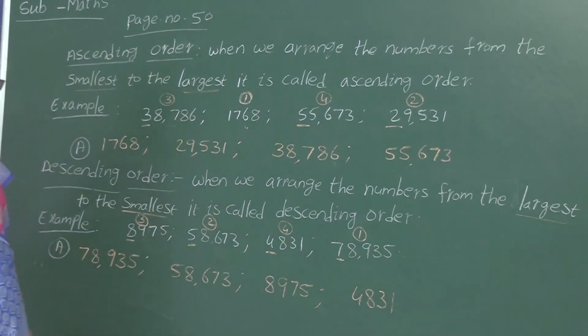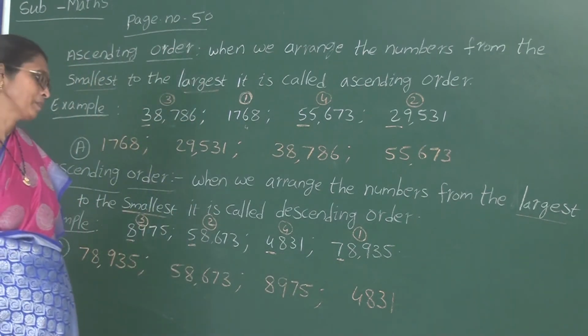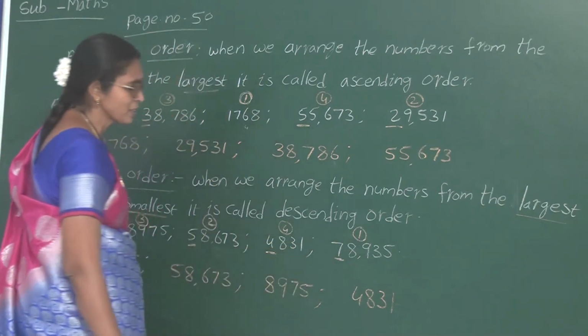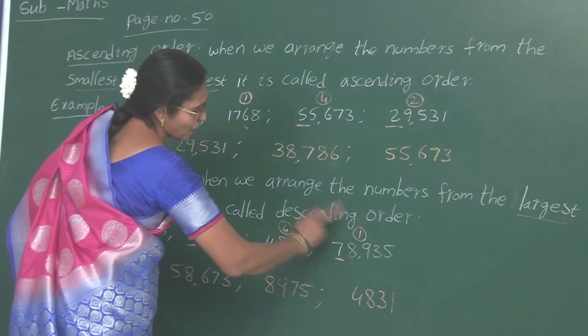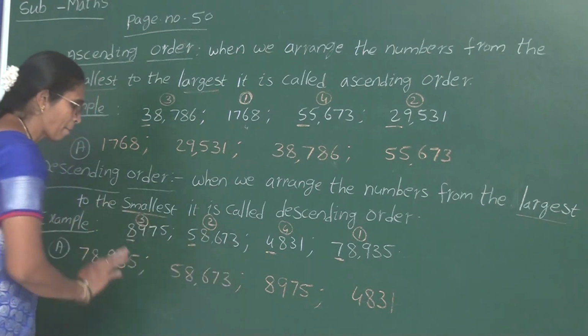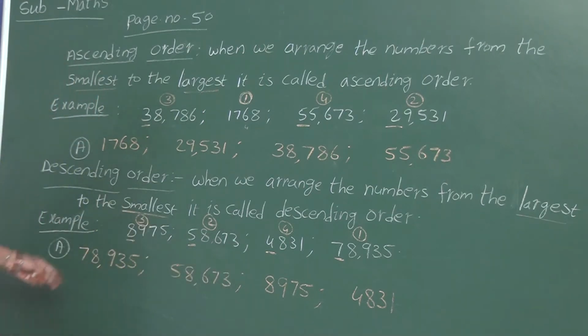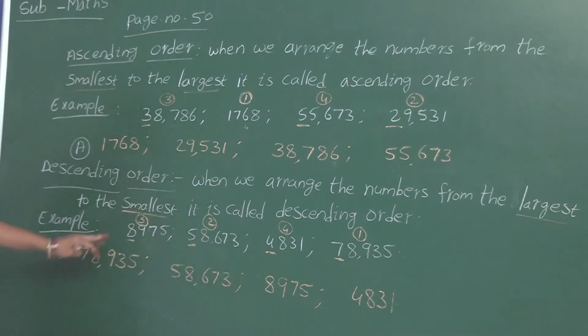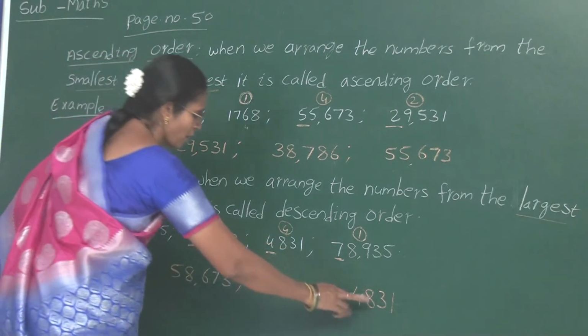Out of 5 and 7, which is greatest? 7 is the greatest, so this number comes in the first place, and automatically this is the second place. Then compare the remaining two numbers. These two have 4 digits, first place 8 and here it is 4. First place 8 is the greatest, so this number will come under third place and this is the last one.